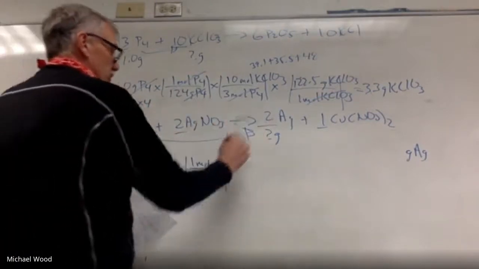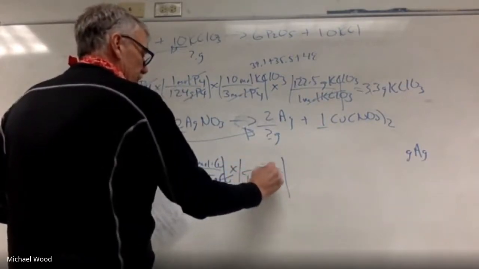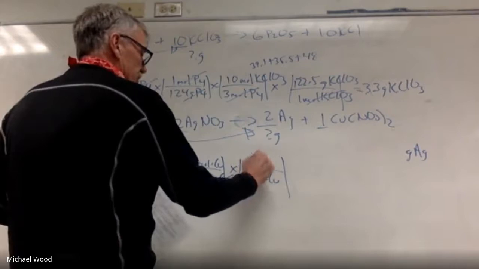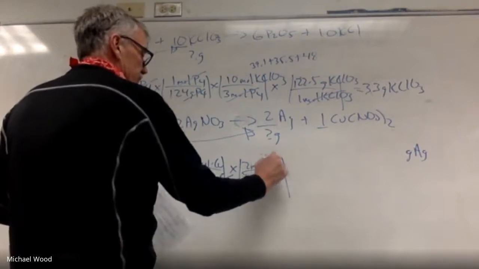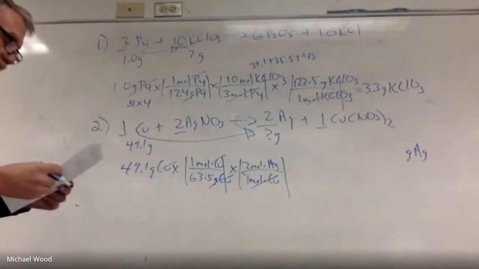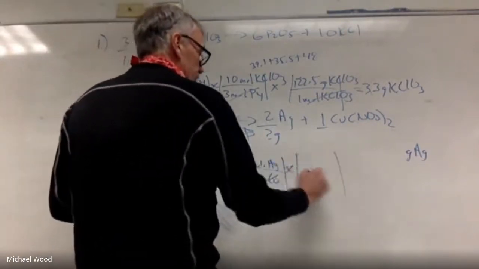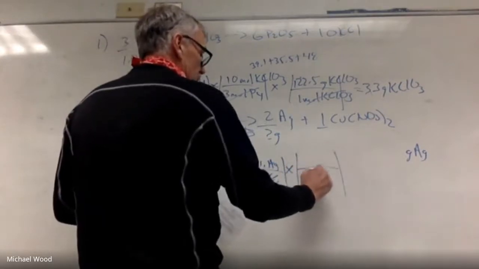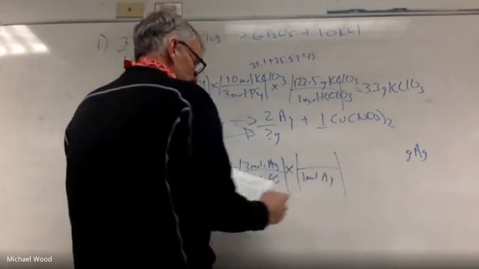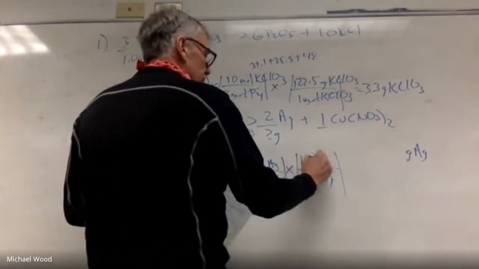So it's 1 to 2. For every 1 mole of copper, there's 2 moles of silver. Again, what you start with goes on the bottom. Now that I've got it into moles, my last step is for every 1 mole of silver, silver weighs 107.9.